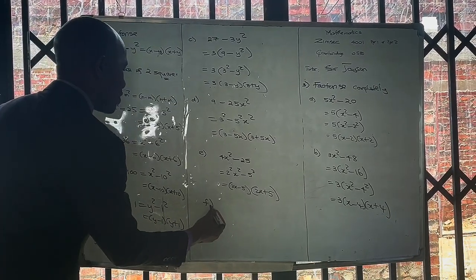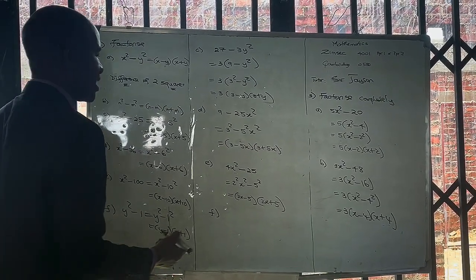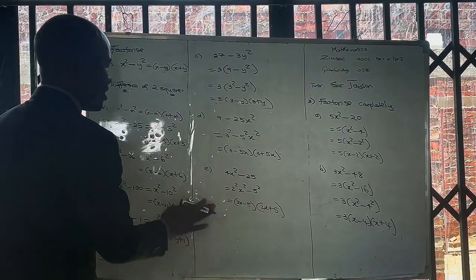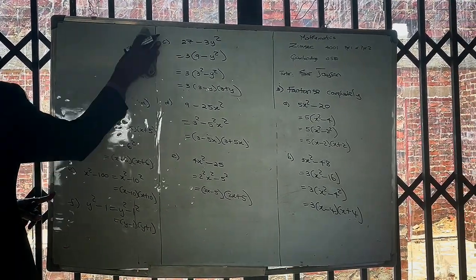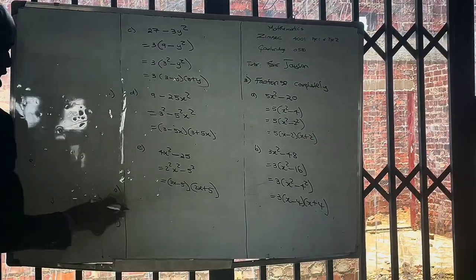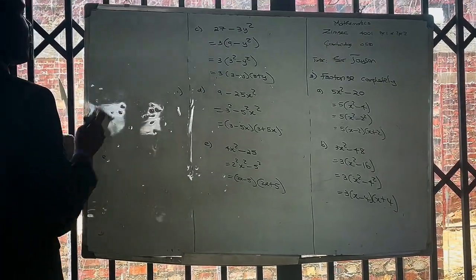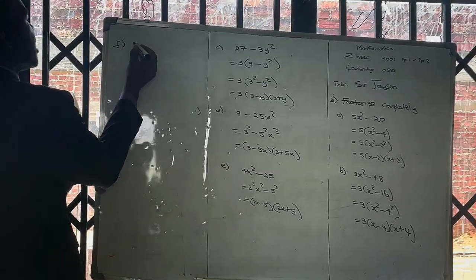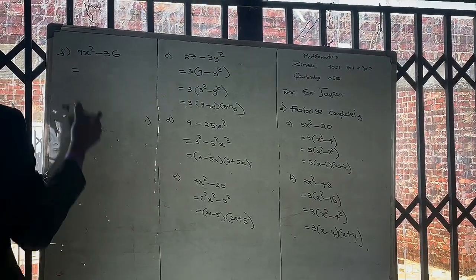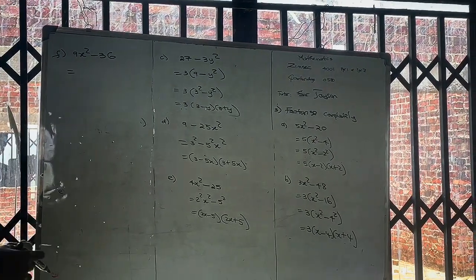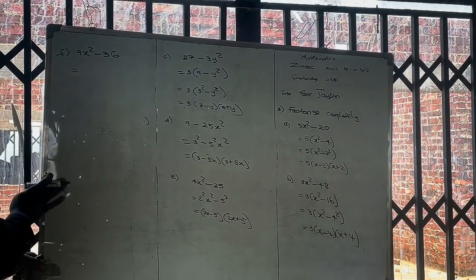Then what about we have a case where we have F, a special case. F, we have 9x squared minus 36. 9x squared minus 36 has two ways of working.